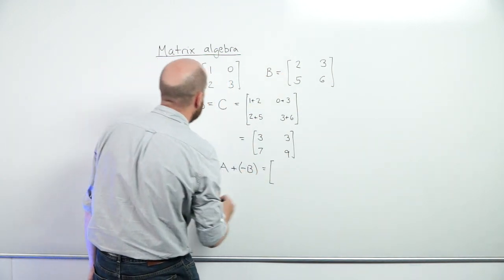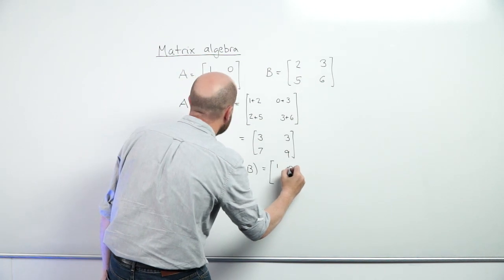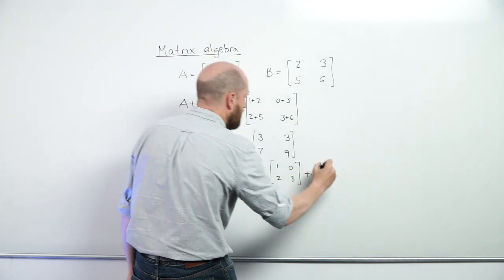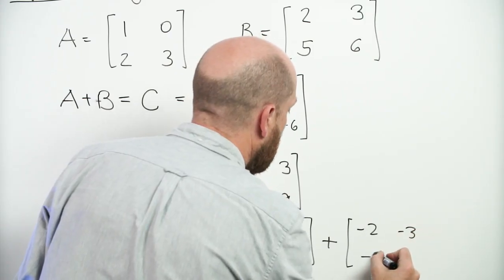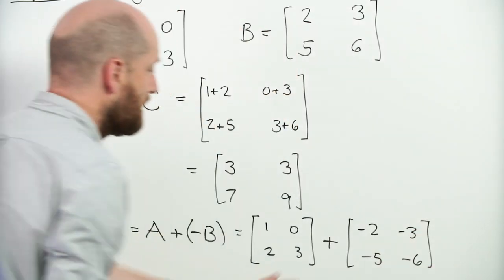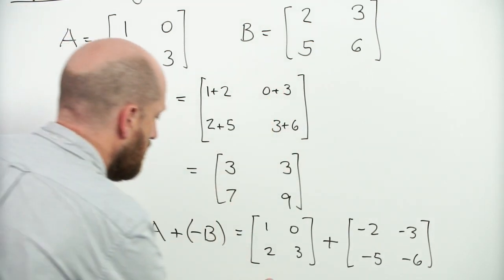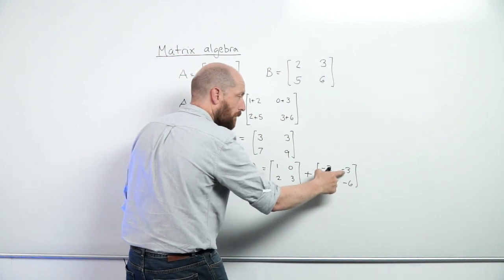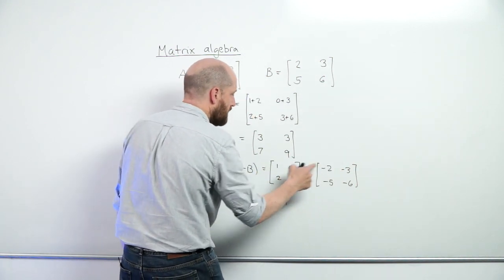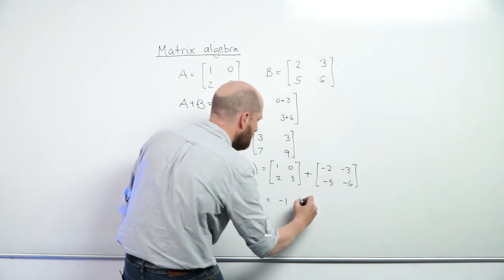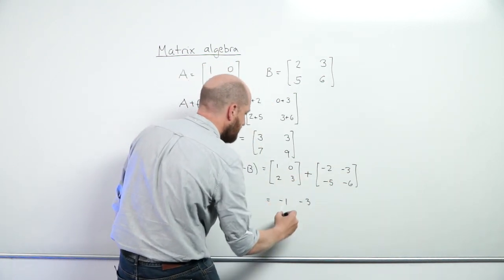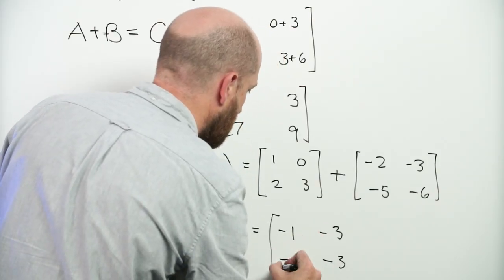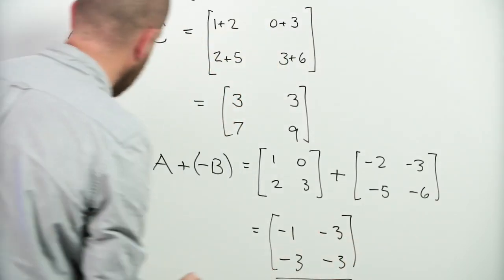And so this would be this matrix A, 1, 0, 2, 3, plus minus B. I add those up in the same way. I get 1 plus minus 2, 0 plus minus 3, 2 plus minus 5, and 3 plus minus 6. And that's my final matrix for A minus B.